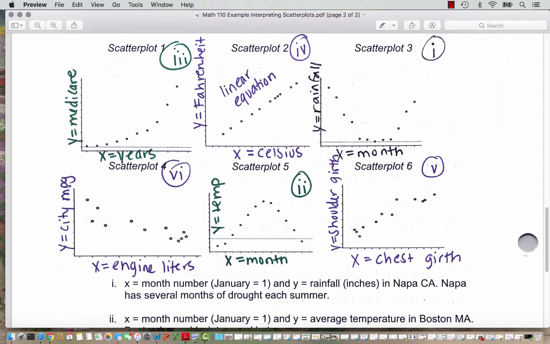So that's also a parabola shape. We would say this is an open down or concave down parabola shape, whereas the curve in Scatterplot 3 we'd say is an open up or concave up parabola shape. And then Scatterplot 6 is roughly linear, we'd say, if we were trying to figure out if a line or a curve is a better fit.